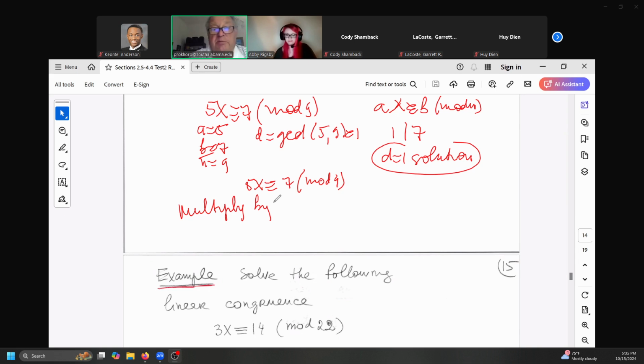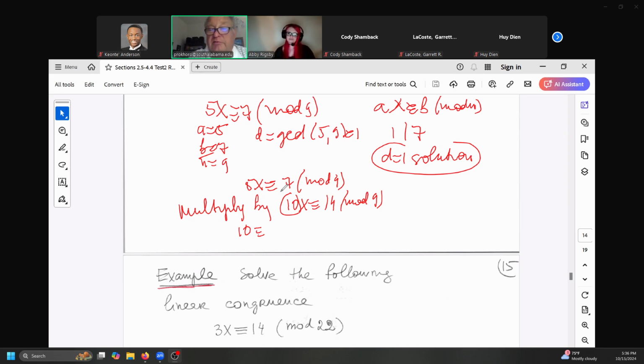So if you multiply by 2, what will we get? 10x is congruent to 14 modulo 9. But great, why? Because 10 is congruent to what we need in front. We're lucky. We immediately get the number in front.